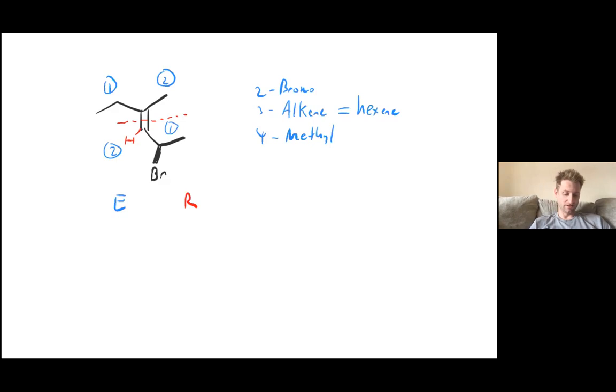If we put this all together, we're going to start off by putting our stereochemistry within parentheses. Our bromine is on position 2, and we said it's R. So we would have a 2R. Our alkene starts in position 3. So that's going to be a 3E.